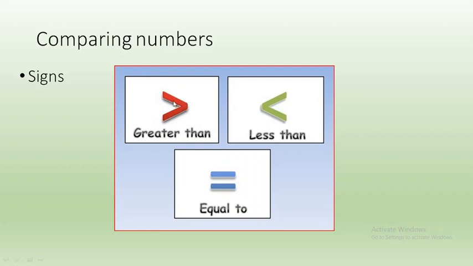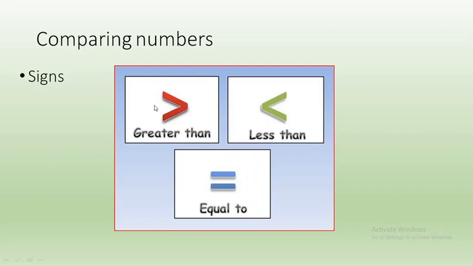As we have discussed already in the class, this sign where it's facing the number that is here, that means that this number has to be bigger than this number that is here, because the sign is wide open to this number, which means that this side is big, and here is small.